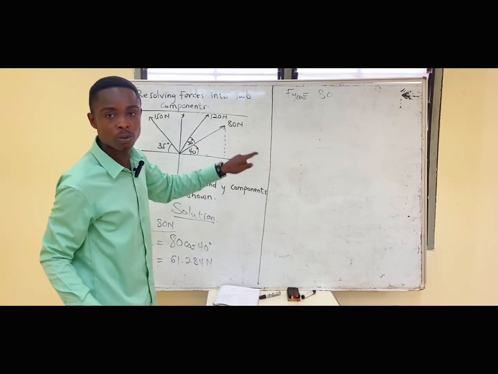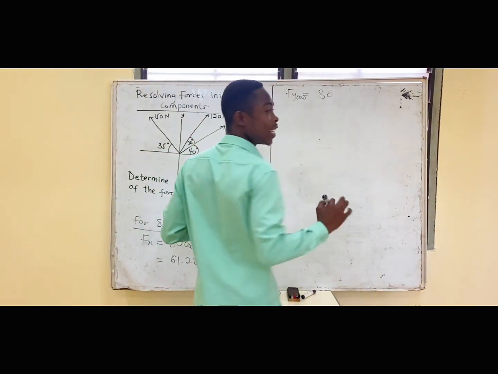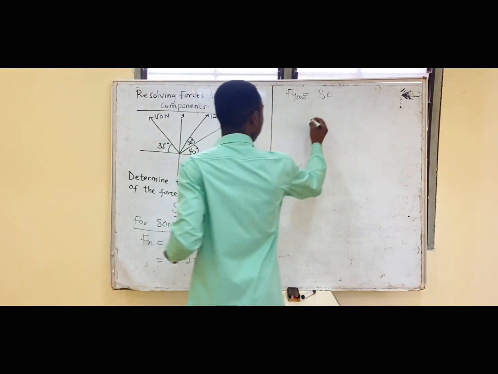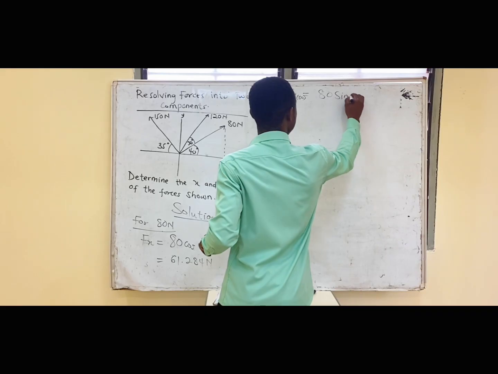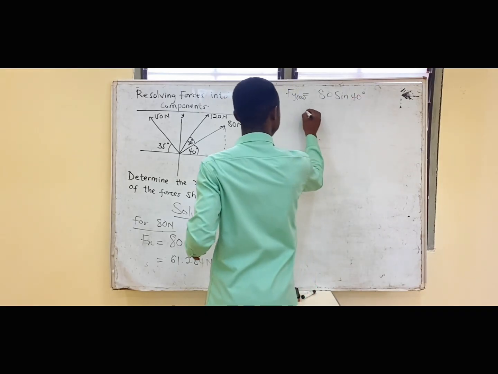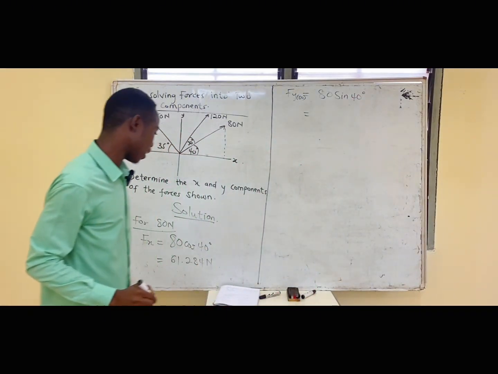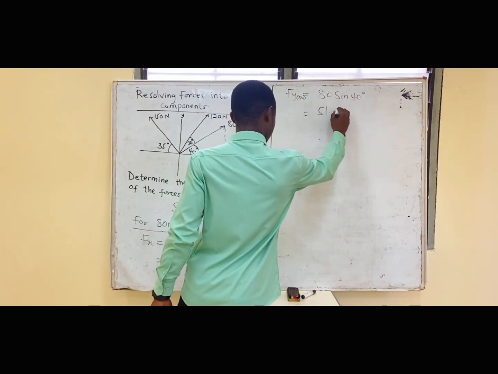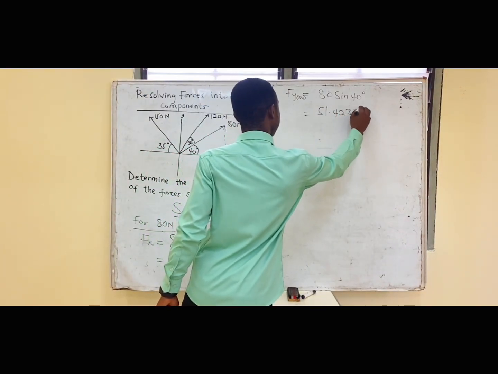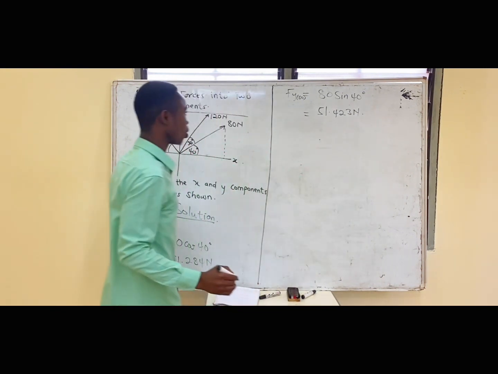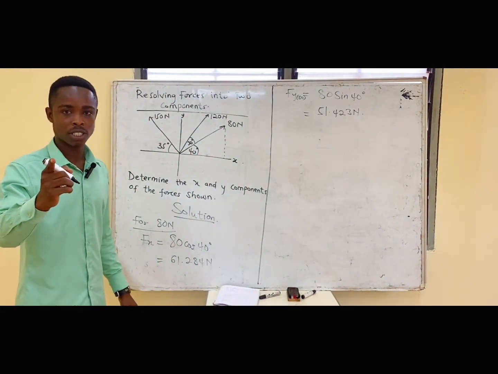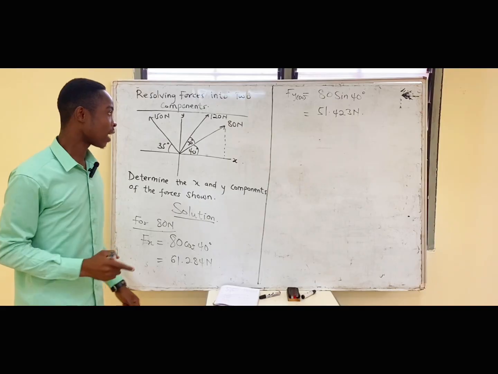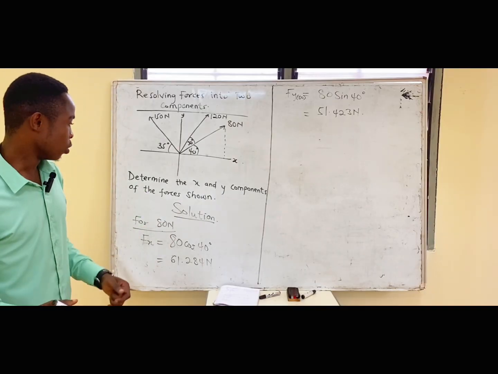So the y-axis will take cos. It will take sine, sorry. So we have 80 sine 40 degrees. And calculating that, we will have 51.423 Newton. Good. Please, I hope you've done that yourself. Yes. Try and be working it out yourself so that you follow suit.